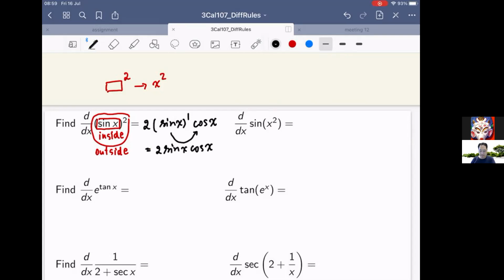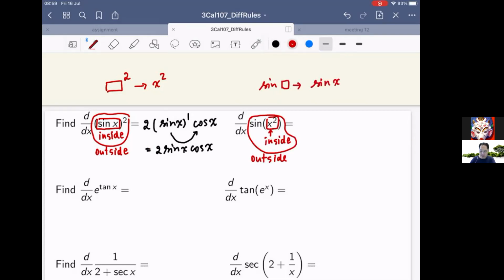But this one here is a total different. Here you see this is the one inside, and this whole thing is the outside function. So for this problem, you have sine of an inside, so you are thinking of sine of x.